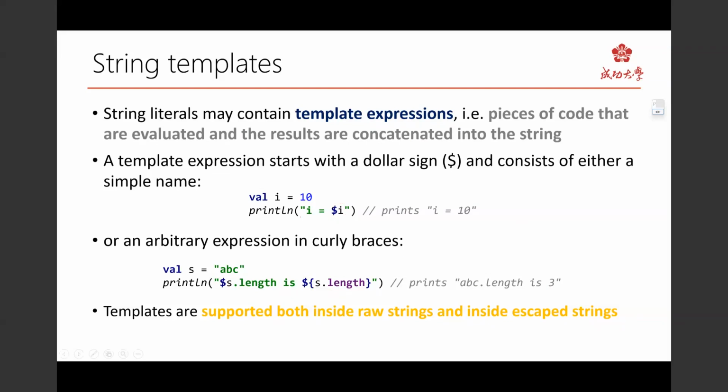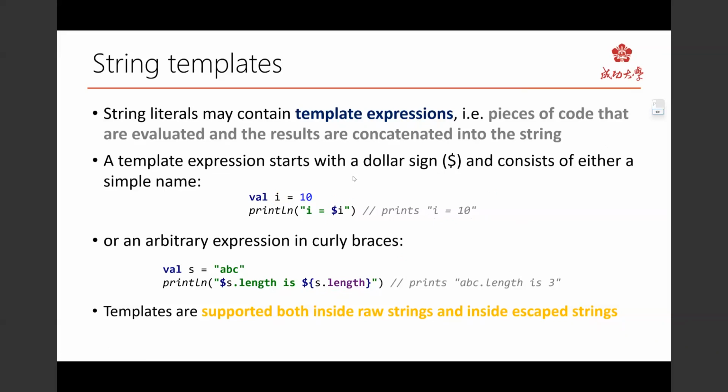So what this means is that when the compiler sees the $ sign, it is going to evaluate this value and concatenate the value with the string. Because the value for this variable is 10, you are going to see i equals 10 on the screen.